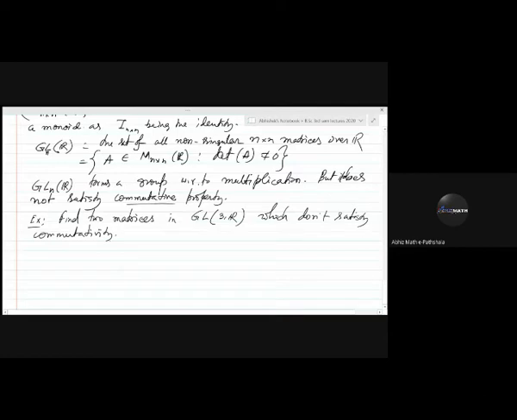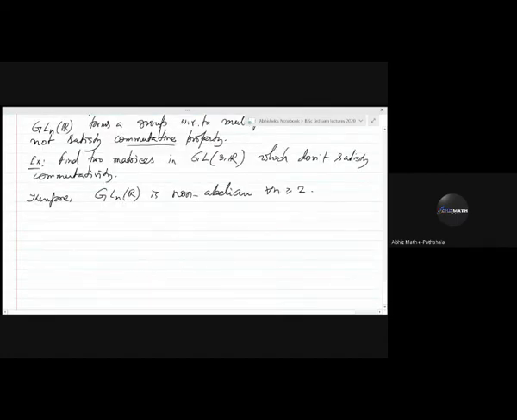So that is left to you. Okay, and therefore our conclusion is that GLnR is non-abelian for all n greater than or equal to 2. Okay, fine.